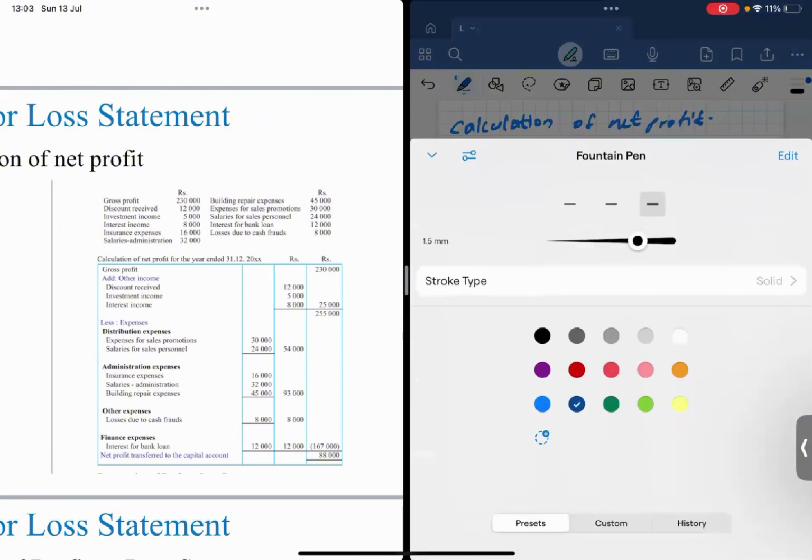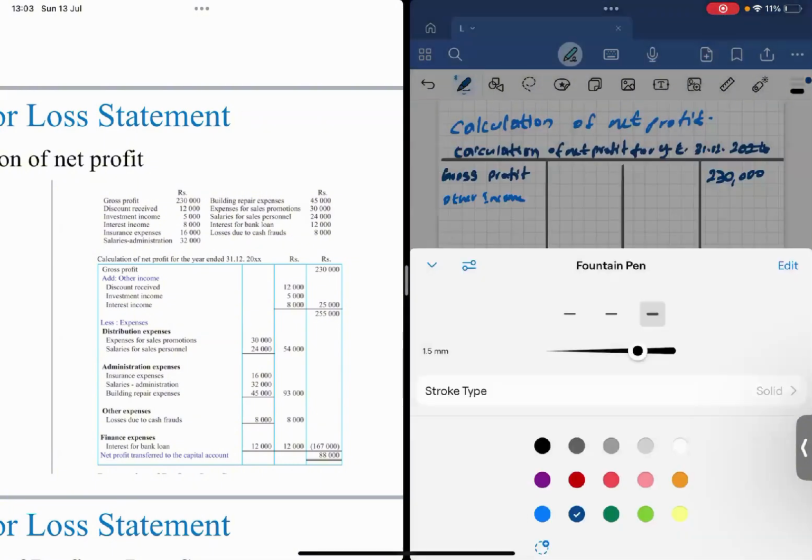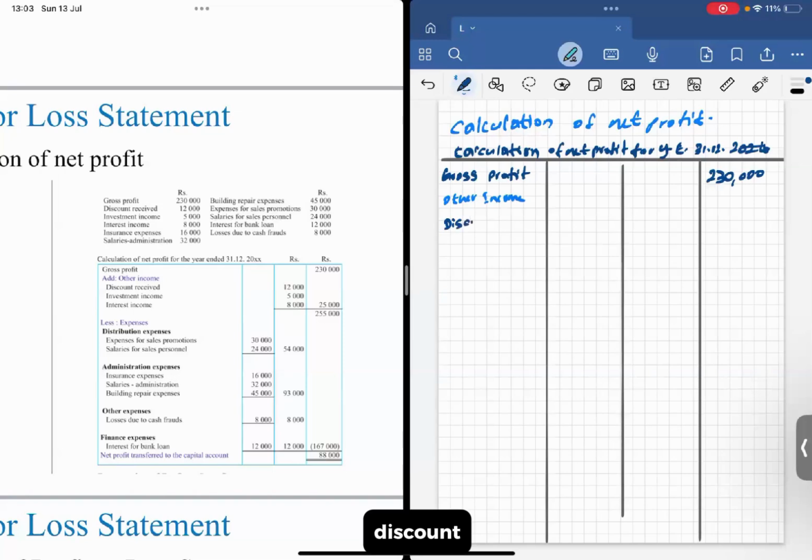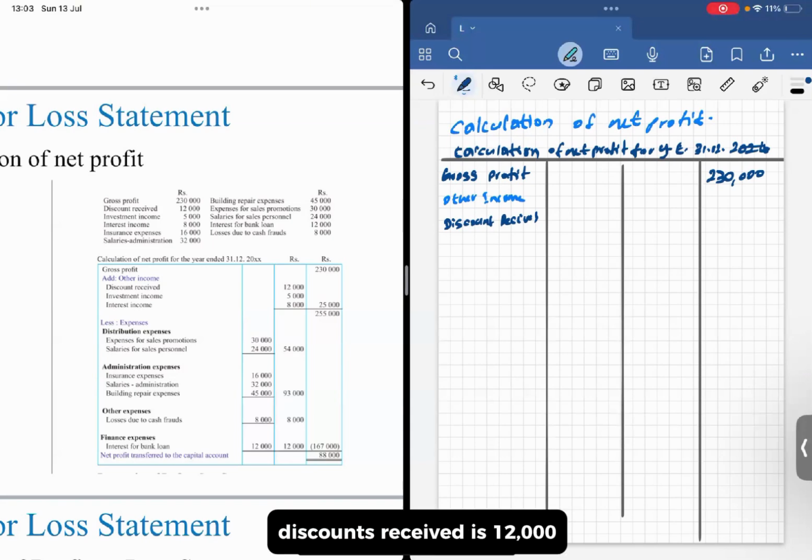Let's see. Discounts received is 12,000.